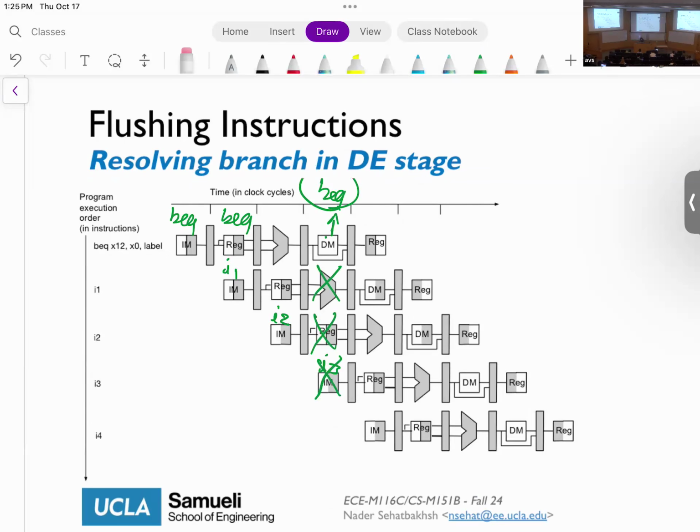What has changed now is that with these changes that I made, at this point, I'm going to know that this is the branch instruction and this is taken. So all I need to discard is just 1 instruction. So I immediately replace what used to be 3 cycle penalty with just 1 cycle penalty. Okay?